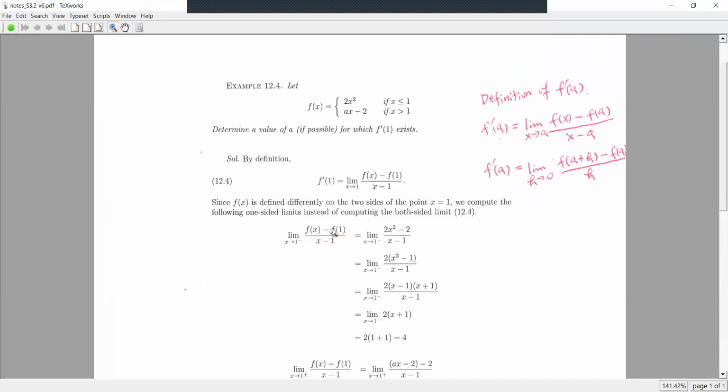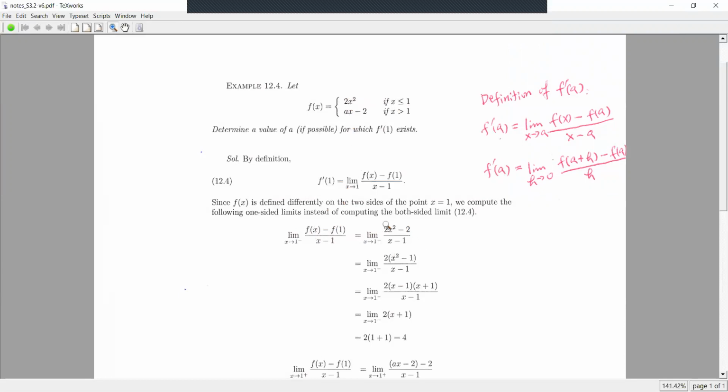Function value f of 1: plug in 1 for x, then the function value f of 1 is 2 times 1 squared. It is 2. So we have this equation. Now, to find this limit, direct substitution. Plug in 1 for x, but then we have 0 over 0. We cannot tell the limit.